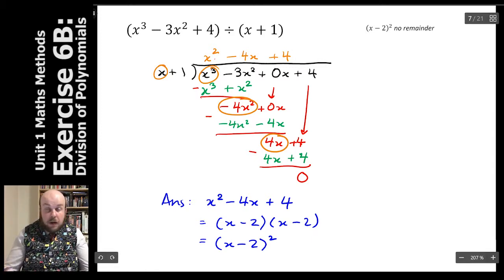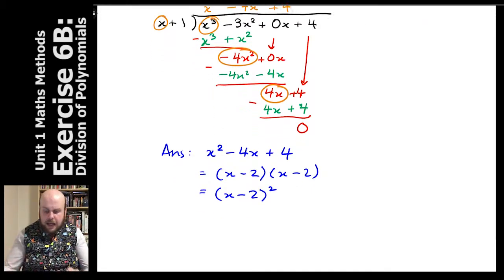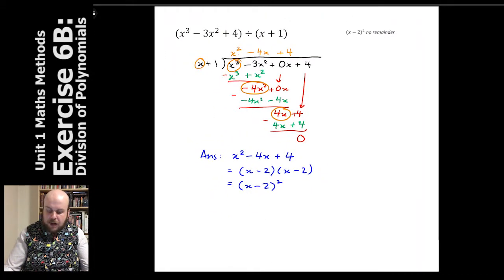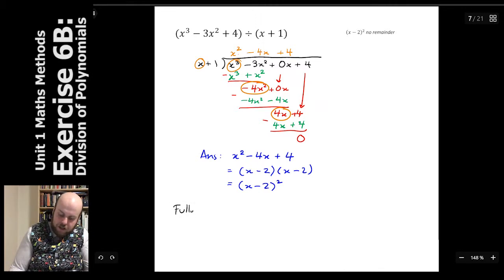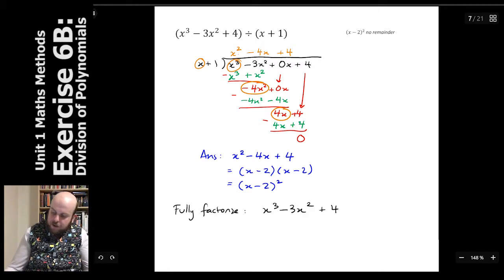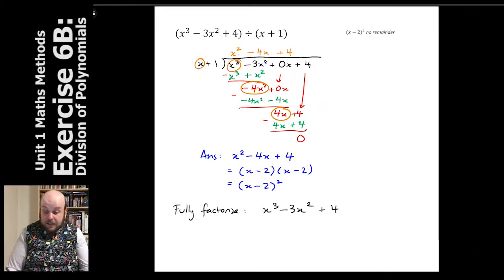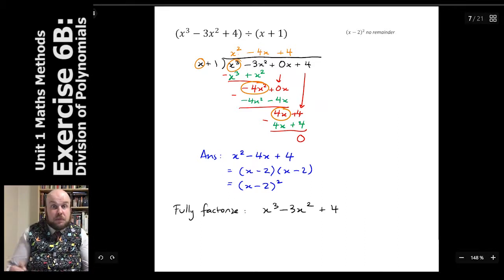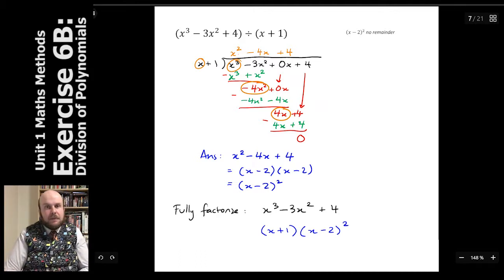Just so you're aware, this is jumping a bit ahead, but if I asked you now to fully factorize x cubed minus 3x squared plus 4, what that means is that you know that x plus 1 divides evenly into it, so that's one of the factors, and then the other factors would be the answer that we got there.